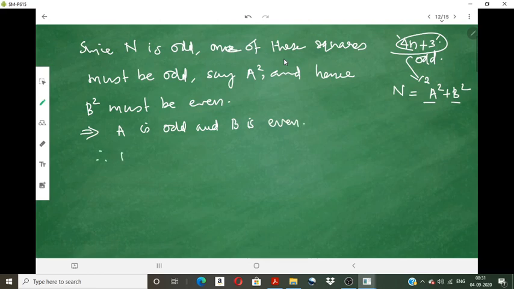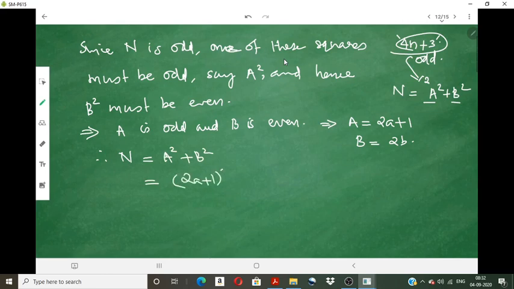Since a is odd, a is equal to 2a plus 1, and b is equal to 2b, an even number. So n is equal to a square plus b square, which we can write as 2a plus 1 the whole square plus 2b the whole square. By expanding this we get 4a square plus 4a plus 1 plus 4b square.